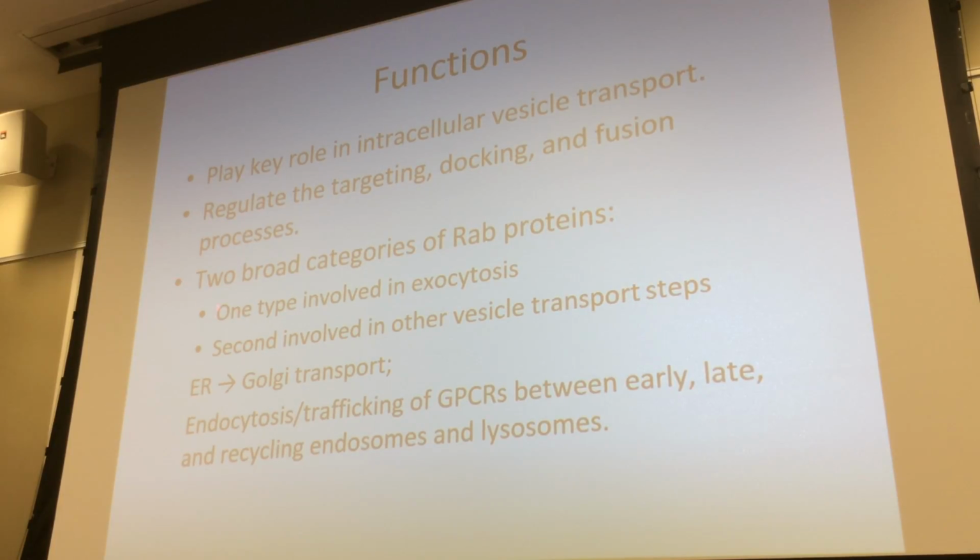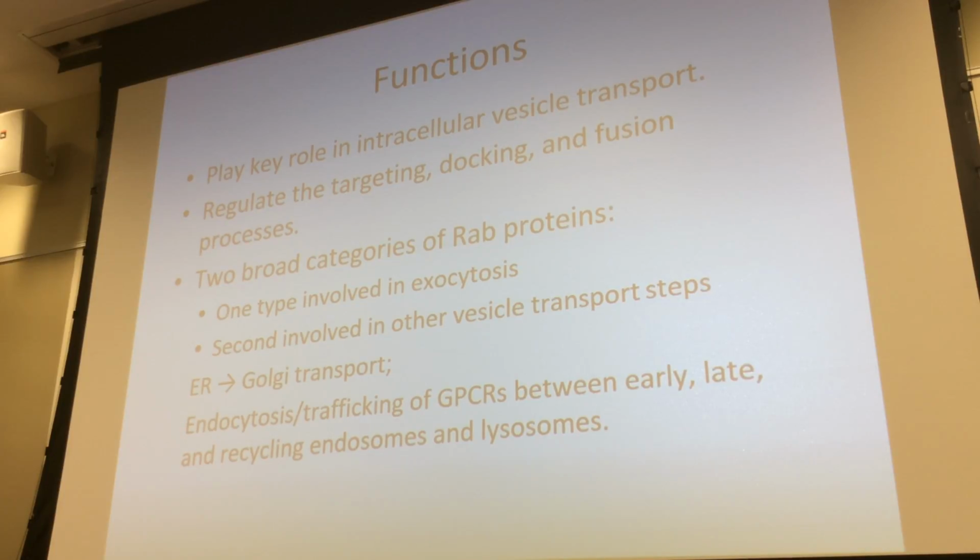So these functions are generally of two general categories. One is involved in exocytosis, and that's the process of taking a vesicle that is carrying cargo inside it and releasing it out. So all of your hormones that are going to be made and stored in vesicles, like insulin, this is going to be regulating its release.